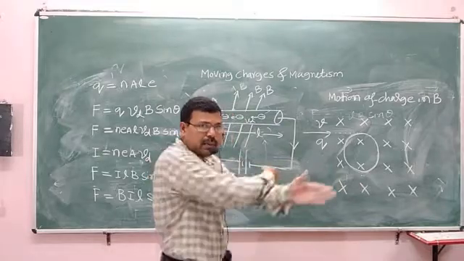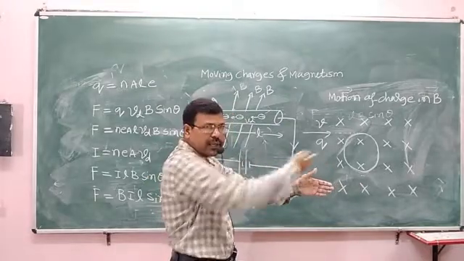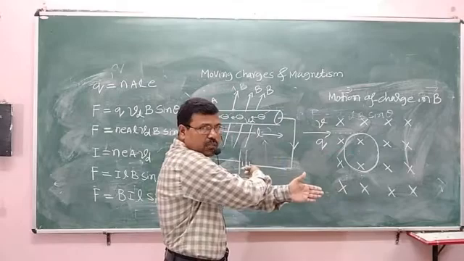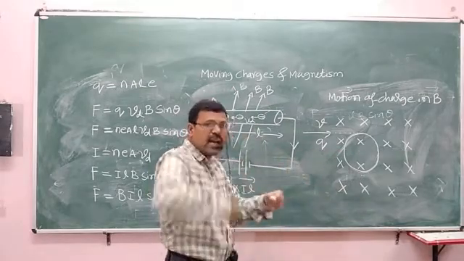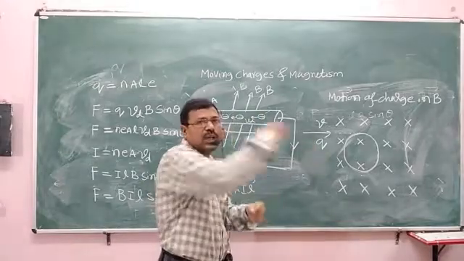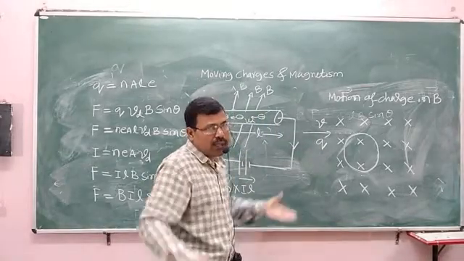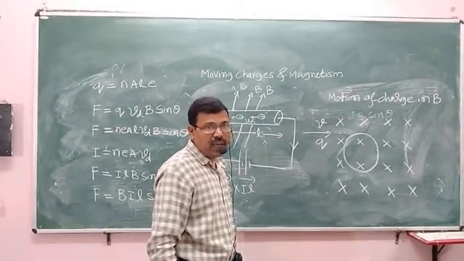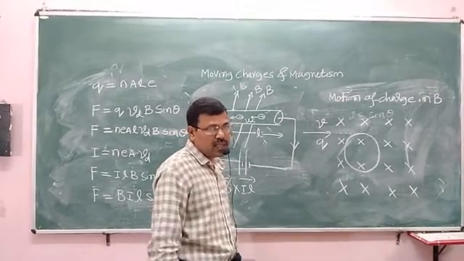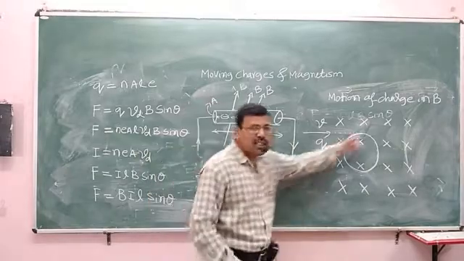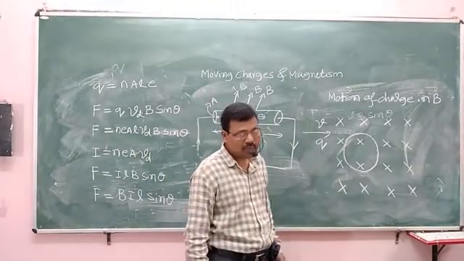Like this, they are perpendicular. This indicates velocity, this indicates magnetic field. So charge experiences maximum force and it takes a circular path. When angle between V and B is perpendicular, charge experiences maximum force and the nature of the path is circular.